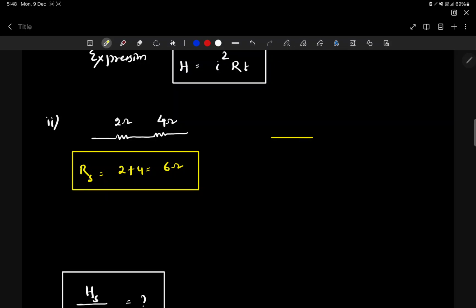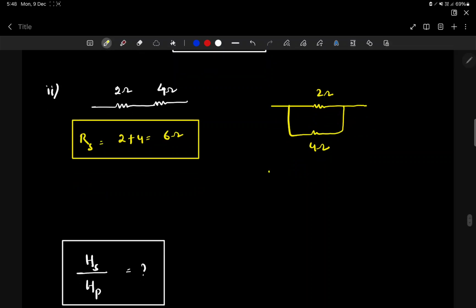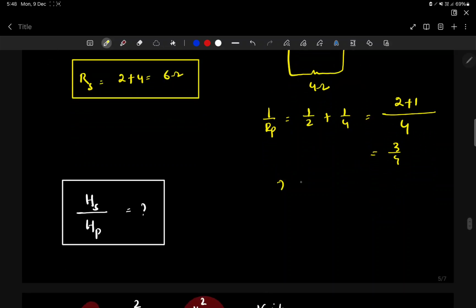So when both the 2 ohm and 4 ohm resistors are in parallel, what will be the equivalent resistance? 1 by Rp equals 1 by 2 plus 1 by 4. So LCM is 4. So 2 plus 1, that is 3 by 4. So your Rp value is equal to 4 by 3 ohm.